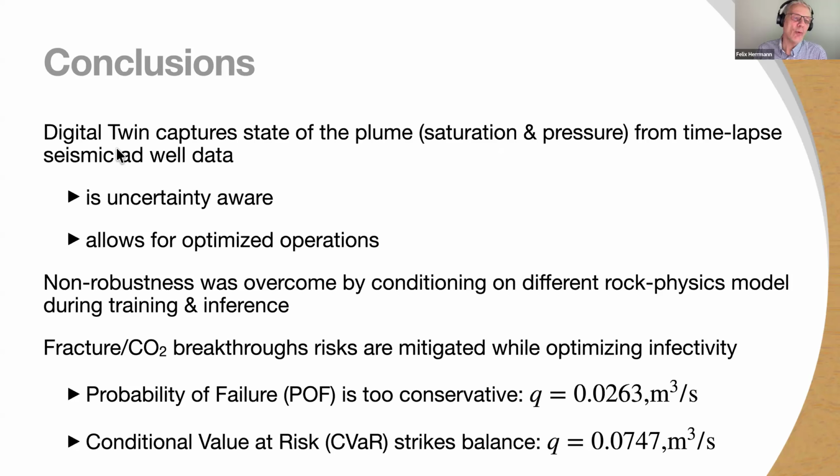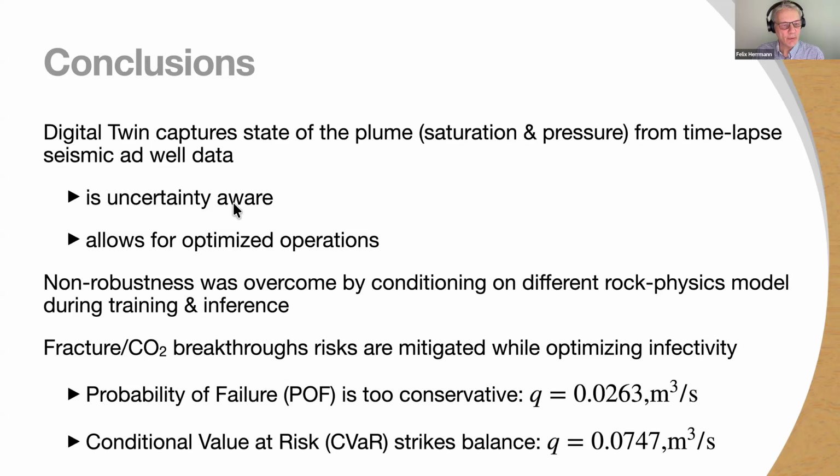I hope I was able to convince you of using machine learning techniques that have very strong ties to ensemble methods, but instead of a linear prior to posterior mapping, they train a neural network to do this. That can then map the state, which is the saturation and pressure at the forecast time step, to an estimation through a prior to posterior mapping, by using seismic and well data.